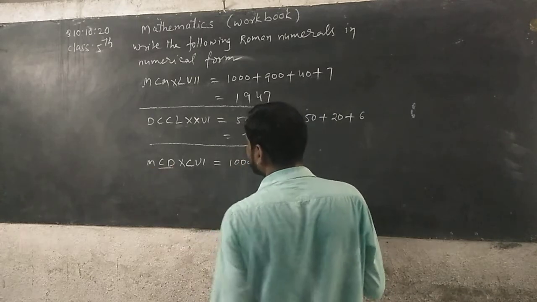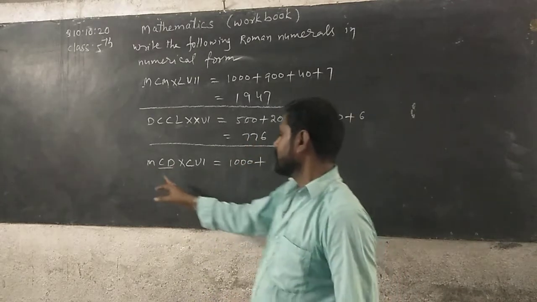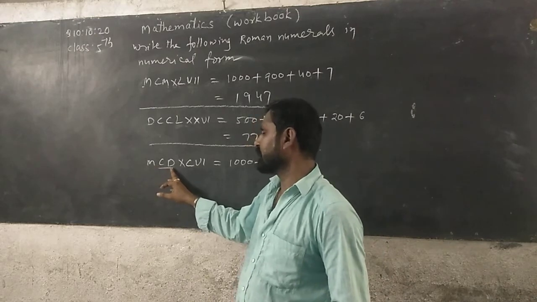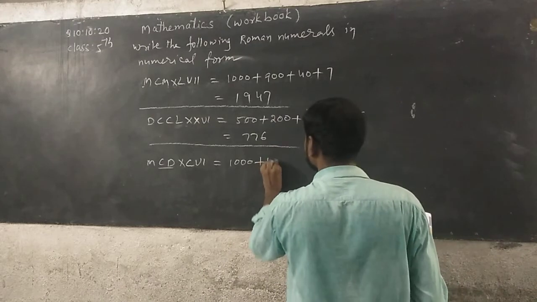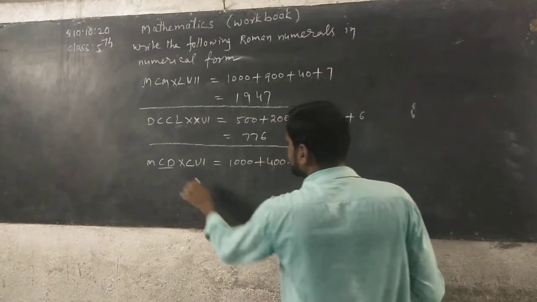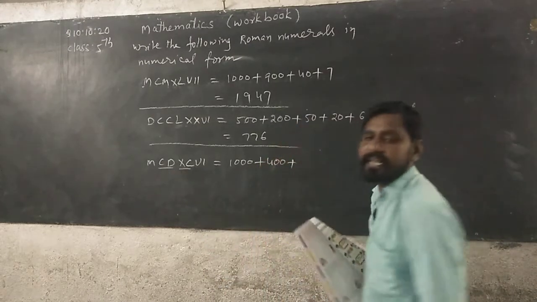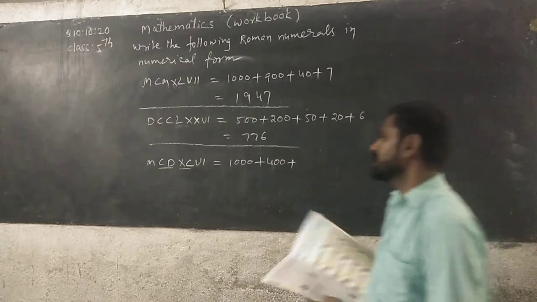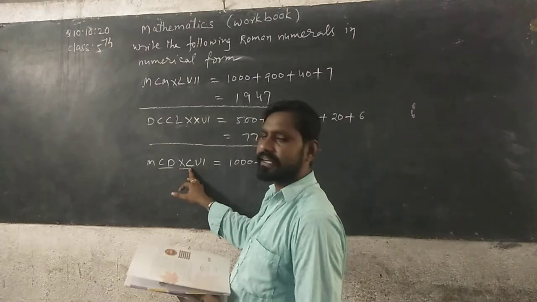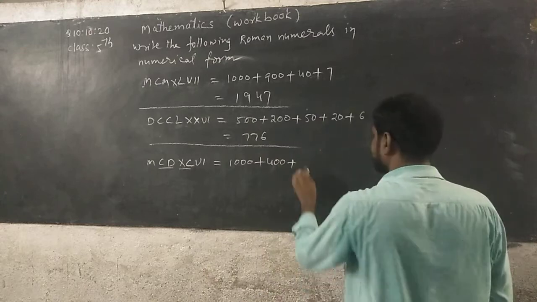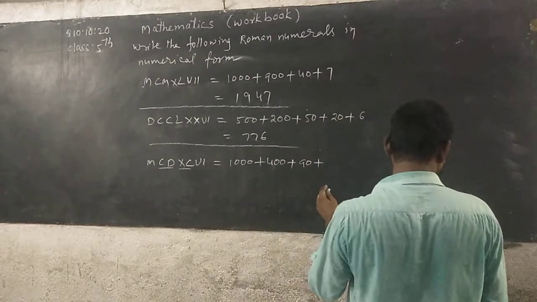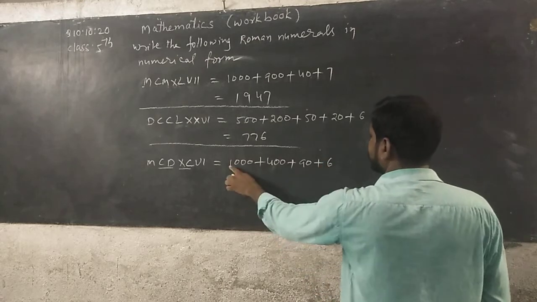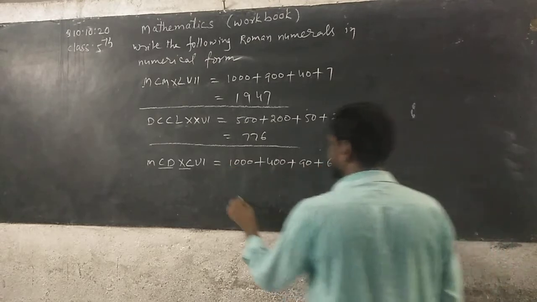CD means 100 is subtracted from 500, you get 400. Plus XC. XC means 90. See, 10 is subtracted from 100, you get 90. Plus VI means 6. 1496.